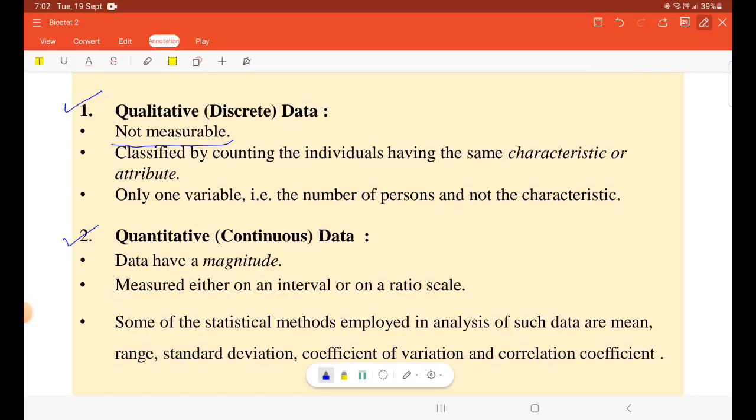It is classified by counting the individuals having the same characteristics or attributes. Only one variable here can be measured, that is, for example, the number of persons and not the characteristics. Okay, so I'll explain that.